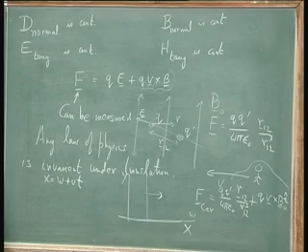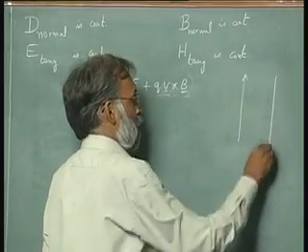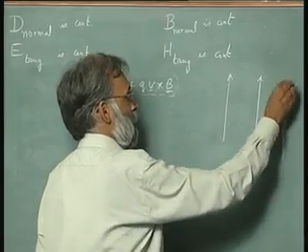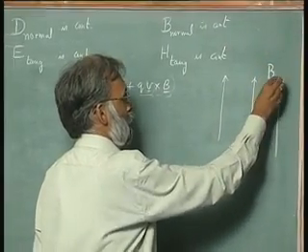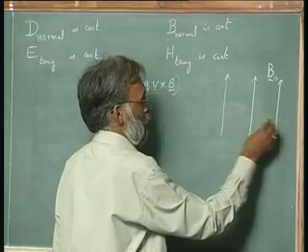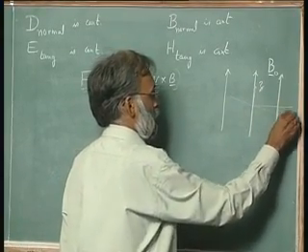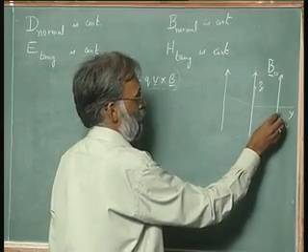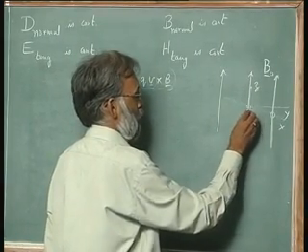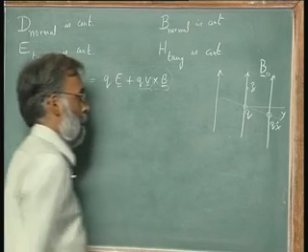Let me redraw the picture. I have my magnetic field B, this is Z, this is X, this is Y, and let us say I have two charges Q, Q prime.